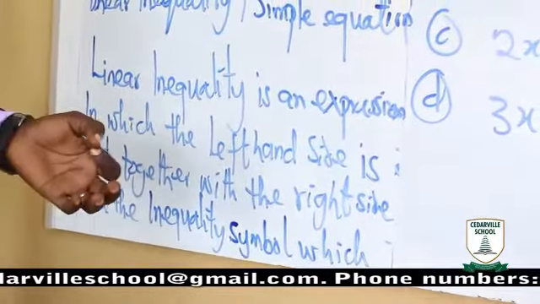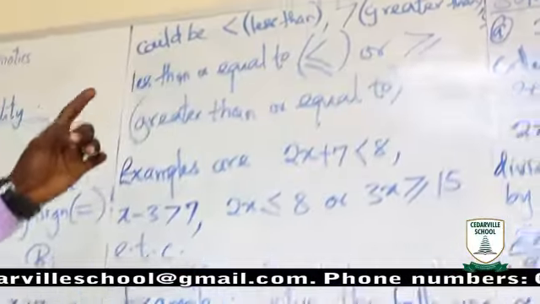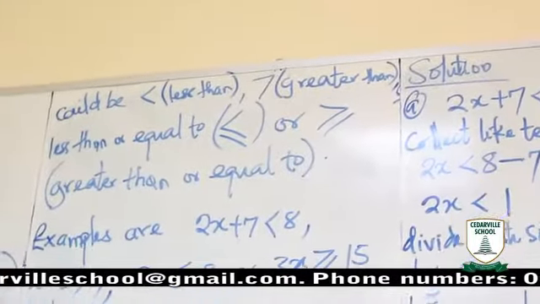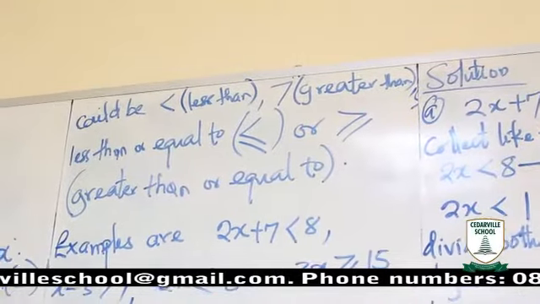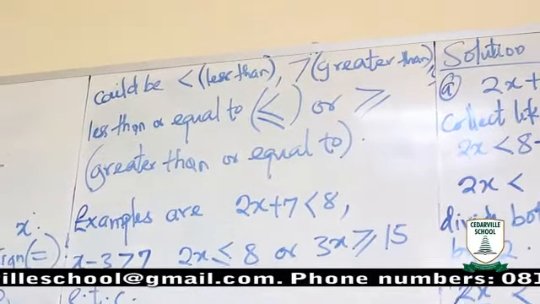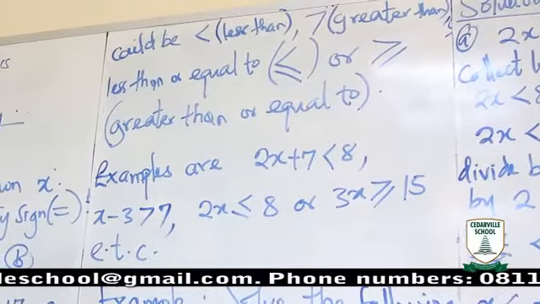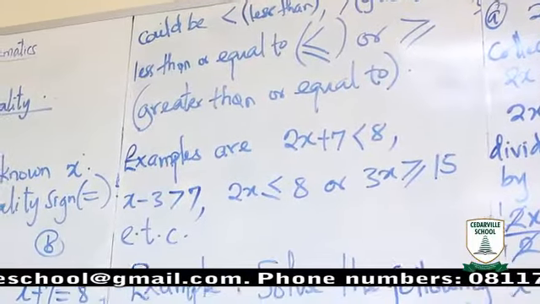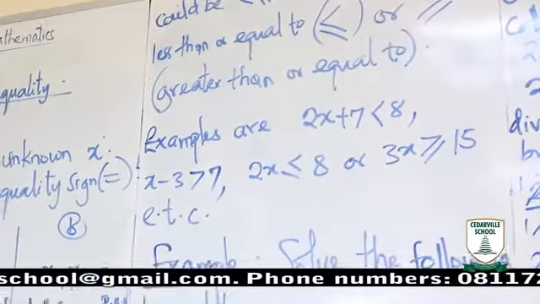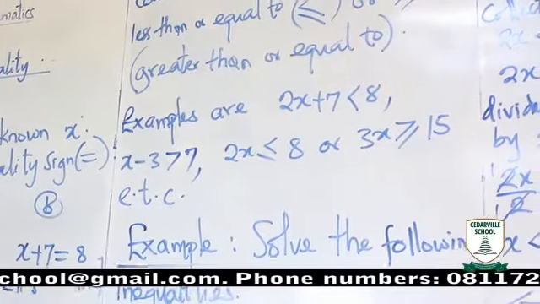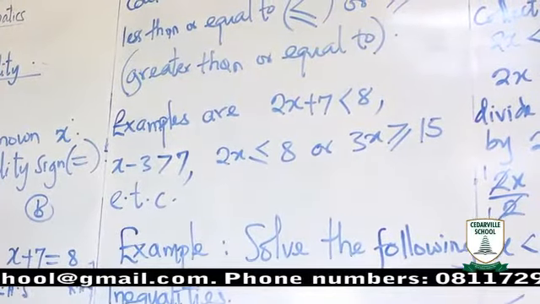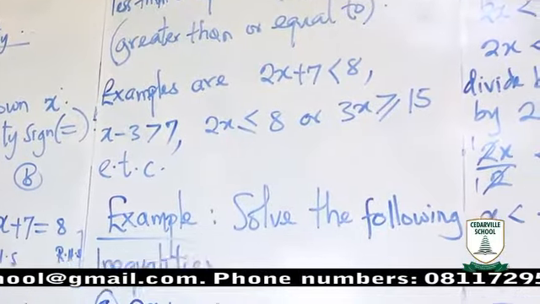And the inequality symbol can be the less than symbol, the greater than symbol, the less than or equal to symbol, or the greater than or equal to symbol. And examples we have 2x plus 7 less than 8, x minus 3 greater than 7, 2x less than or equals to 8, or 3x greater than or equals to 15, etc.